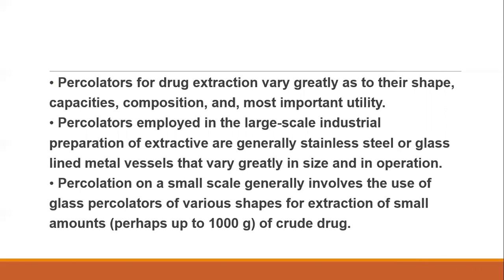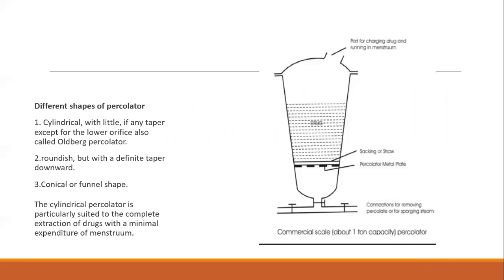Percolators employed in the large-scale industrial preparation of extractives are generally stainless steel or glass-lined metal vessels that vary greatly in size and in operation. Percolation on a small scale generally involves the use of glass percolators of various shapes for extraction of small amounts, perhaps about 1,000 grams of crude drugs. This is a commercial scale percolator.